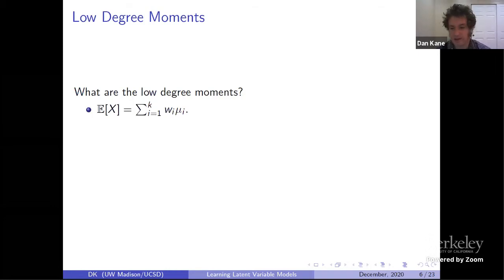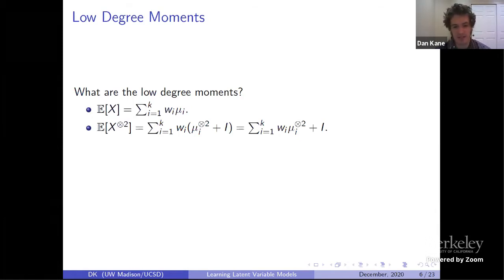So by linearity of expectation, we should get the mixture of the expectations. So we just get the sum of w_i times mu_i. For the second moments, we look at the expectation of the second tensor power of x. And here we need to know the second tensor power of this Gaussian with mean mu_i. And there we get the second tensor power of mu_i plus the identity.